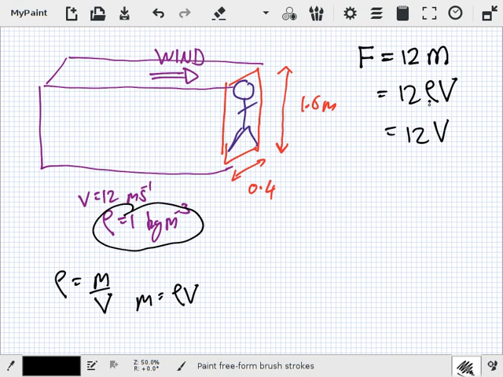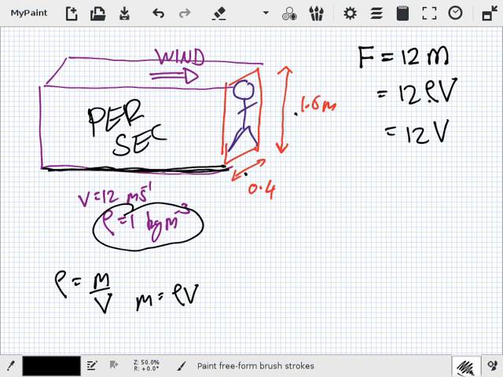In 1 second, because remember you always look at these problems per second, how much gas do we get? What's the volume? Well, we know it's 0.4 multiplied by 1.6. What's this distance? More than 1 meter.